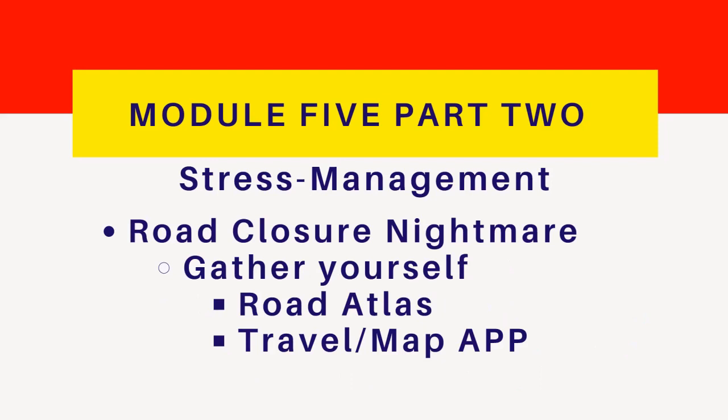Have a road atlas in your car as a backup. A pretty up-to-date road atlas, local for your city or state, or a national road atlas if you're traveling around the country. But having these things as your plan B, your plan C, when your recollection doesn't get you where you need to go right away, is the way you handle that minor stress situation.